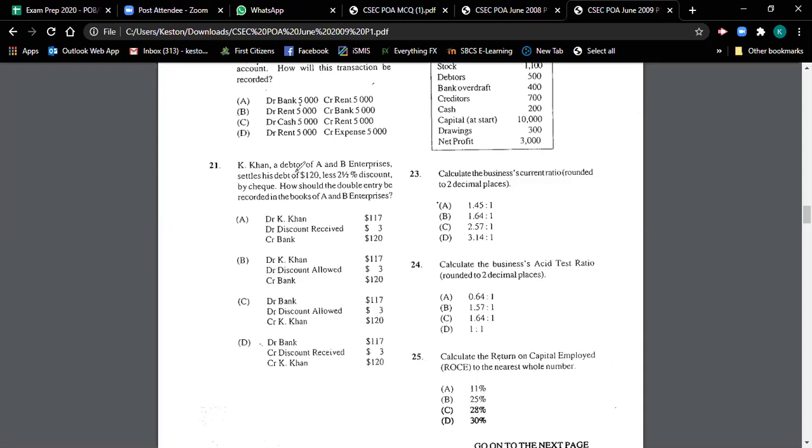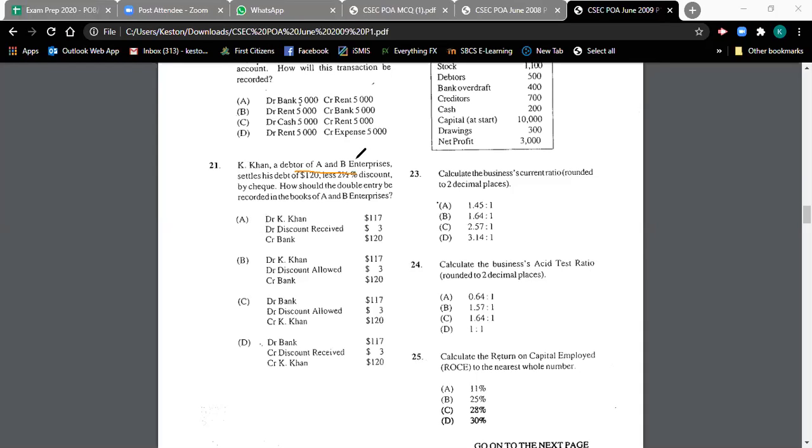K-Can, a debtor of A and B Enterprises, settles his debt of 120 less a 2.5% discount. They want to know how the double entry should be in A and B books. He's getting money. See, right? Debit bank.